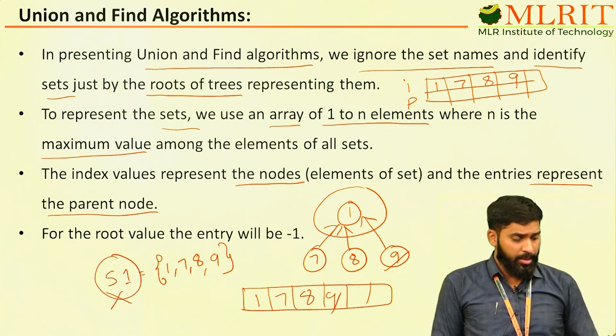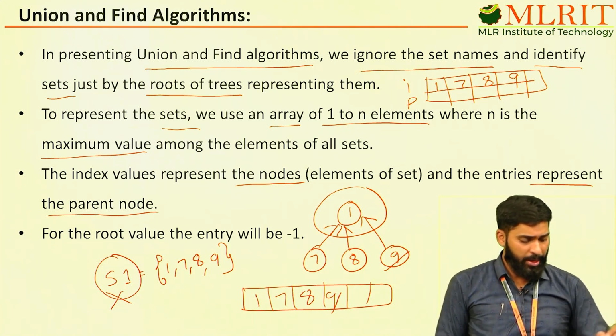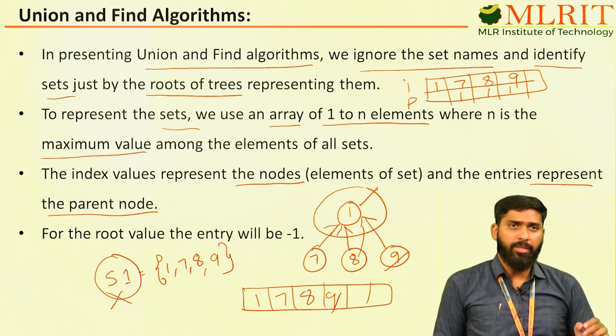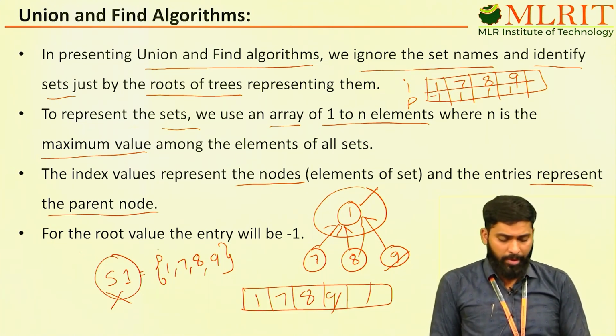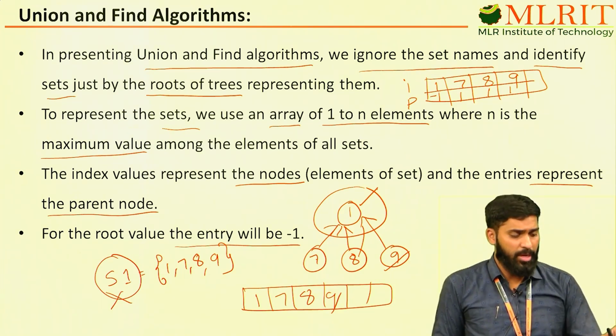And the entries represent the parent node. What is the parent of 9? That is 1. Parent of 8? 1. Parent of 7? 1. Parent of 1? There is no parent, so we represent it as -1. The root's entry will be -1. Here this is the root.